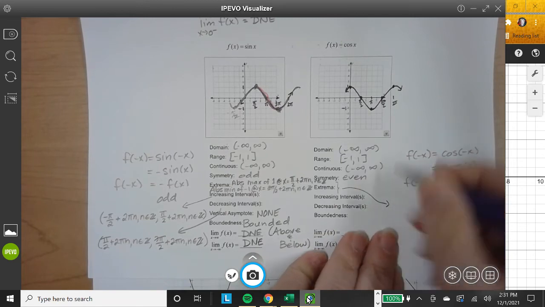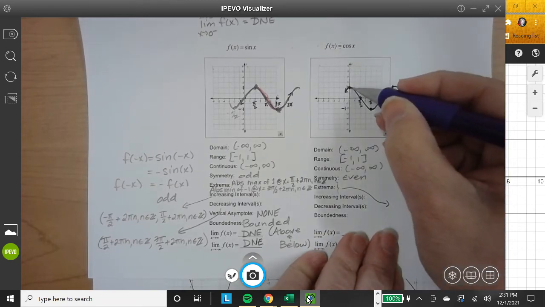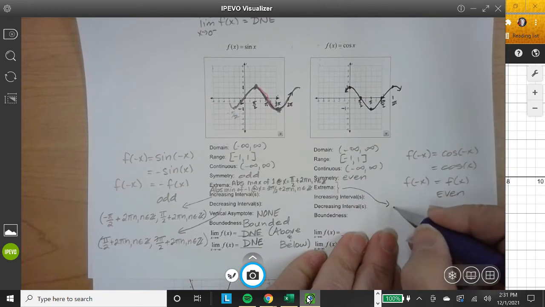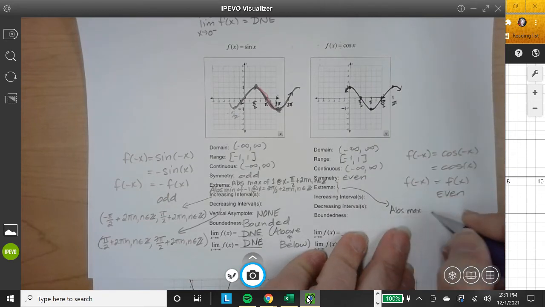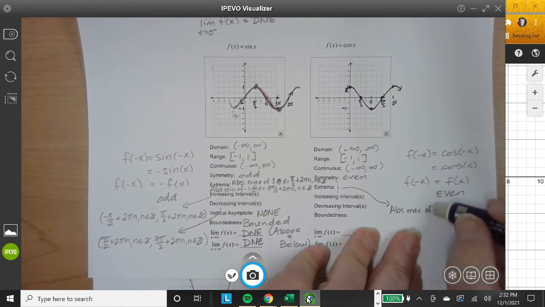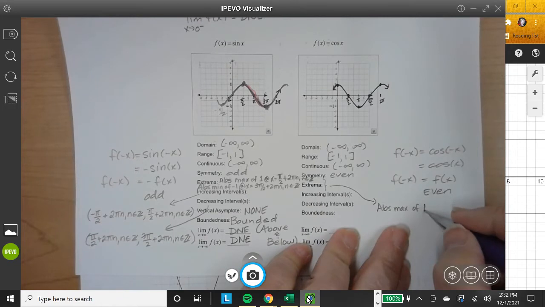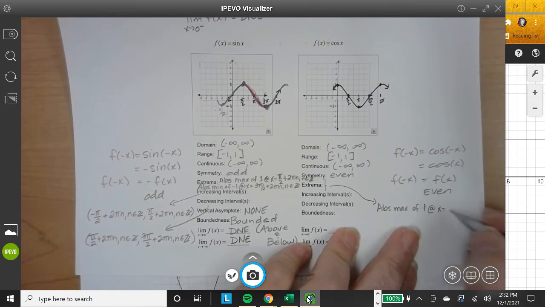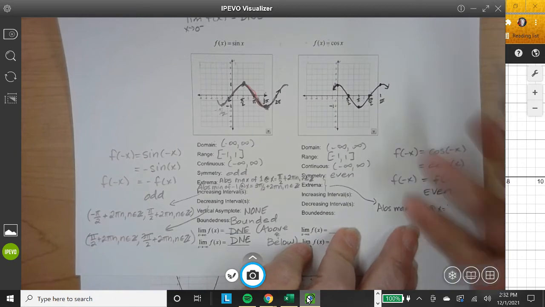That has a maximum here starting at 0 and then 2 pi away. So it's going to be an absolute max of 1 at x equals 0 plus 2 pi n.